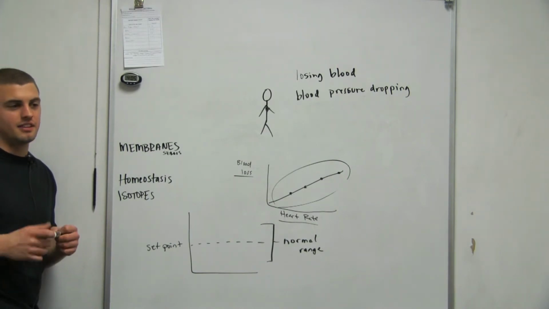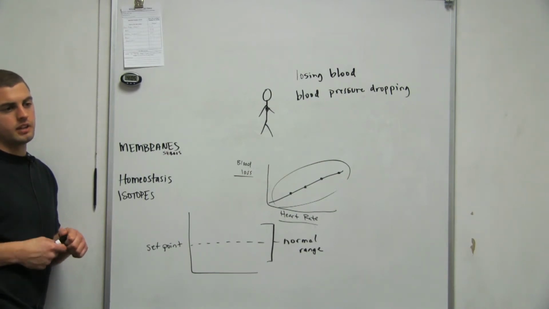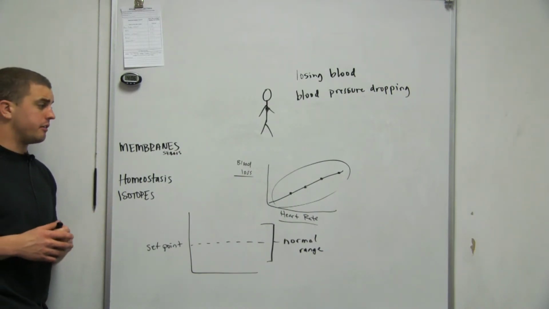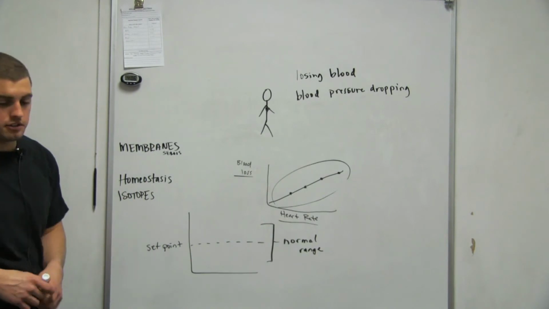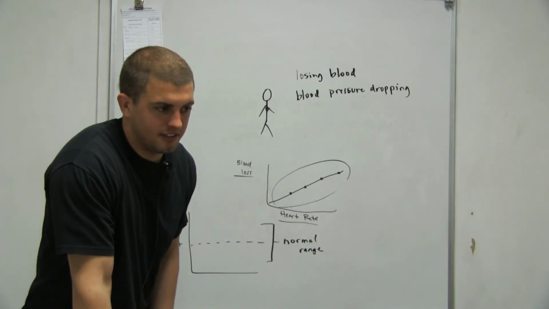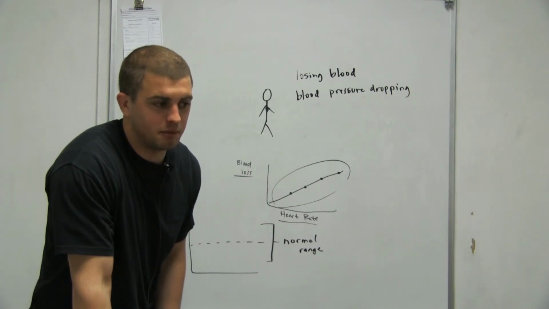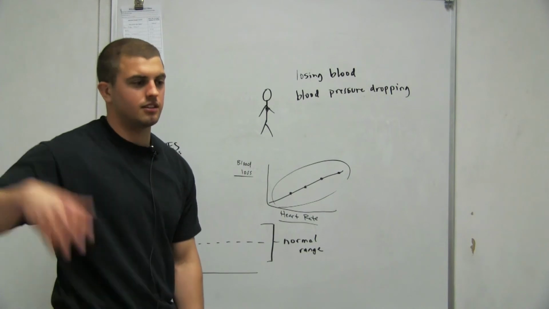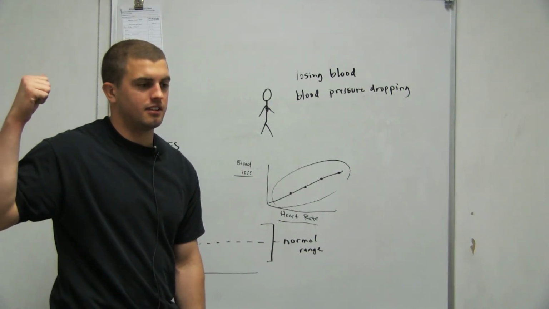So the receptor is what notices the change, or what senses the change. If you touch something really hot, what would the receptor be? Like the burn on your hand, like you notice.